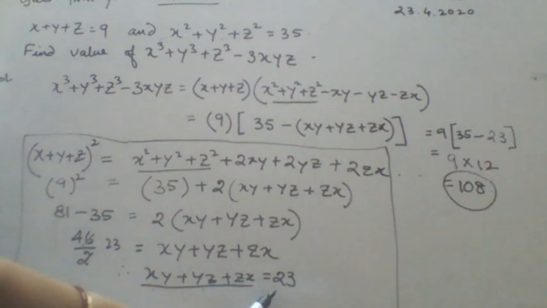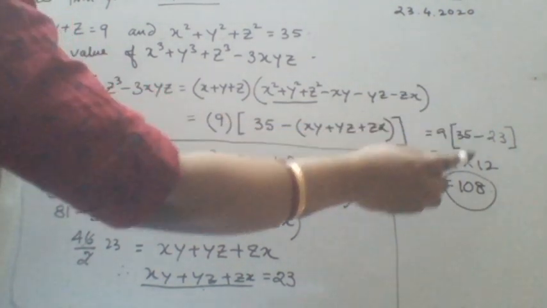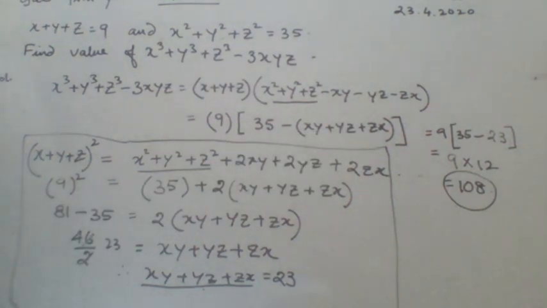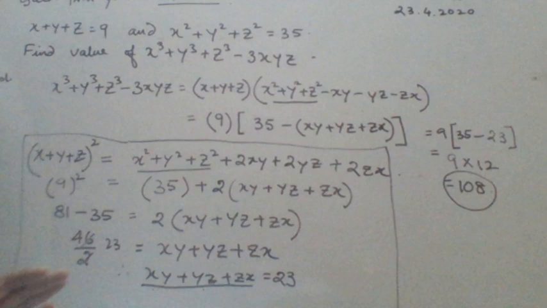Once we get this value, we will substitute it over here, and the final answer you get is 108. This was one of the queries that Vineet has asked. So please let me know, Vineet, if you are able to work out this problem. Please do practice more such questions.